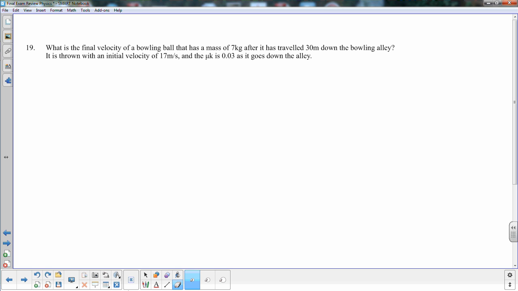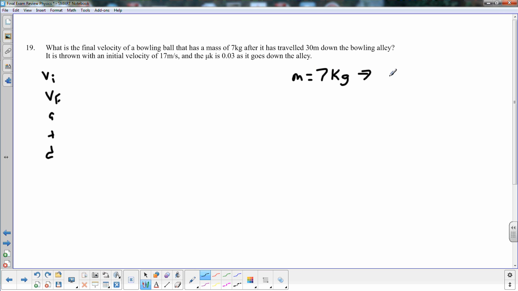I just kind of do all this stuff in the beginning without even reading the rest of it, because I'm assuming I'm going to need it. After it's traveled 30 meters down the bowling alley, it's thrown with a velocity of 17 meters per second, and we're looking for the final velocity. And mu is 0.03, so we're going to slow it down, which I remember vividly on the test. None of you guys realize this.